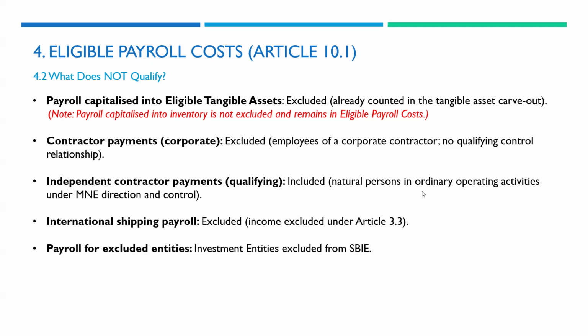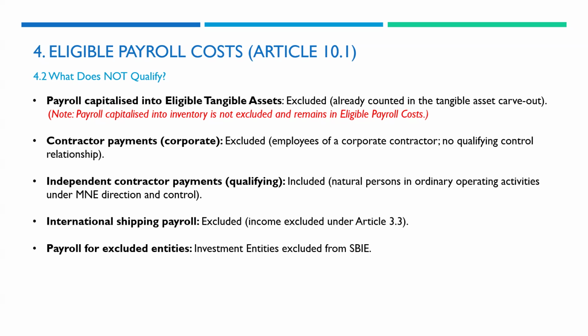So what are the eligible items? Normally every payroll item: bonus, salary and wages, allowances, perquisites of any nature, retirement benefits, employer tax contributions, or employer PF contributions. All those are included.